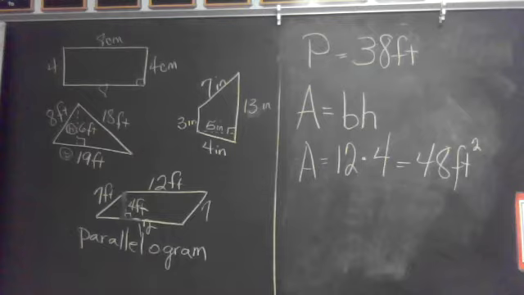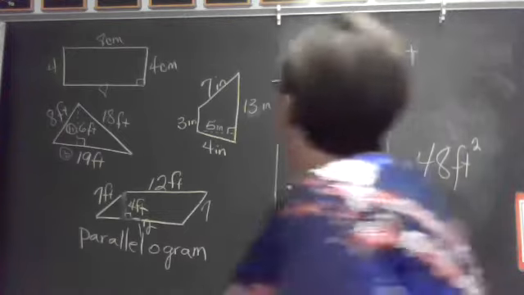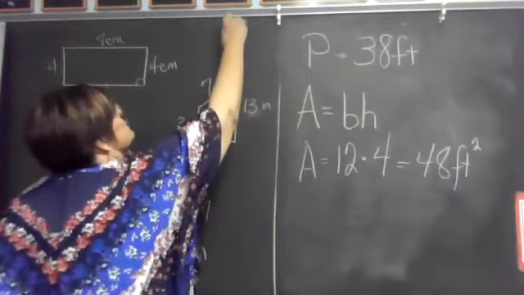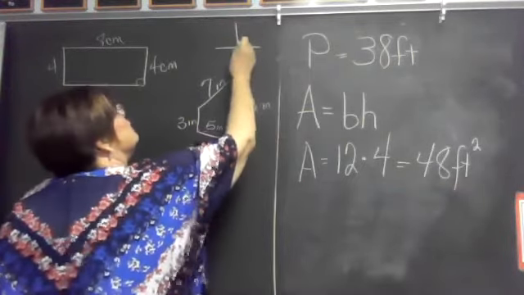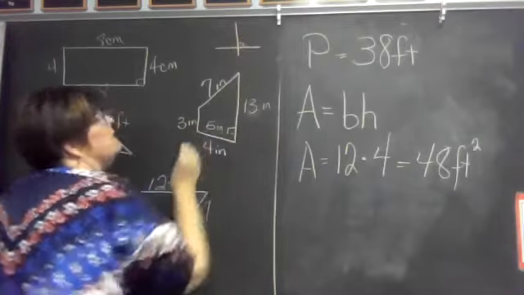Say that one more time. Perpendicular. Is that the straight line? The definition of perpendicular is a line that creates a 90-degree angle.